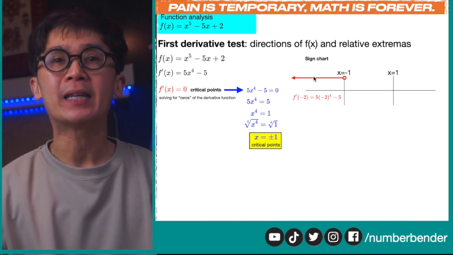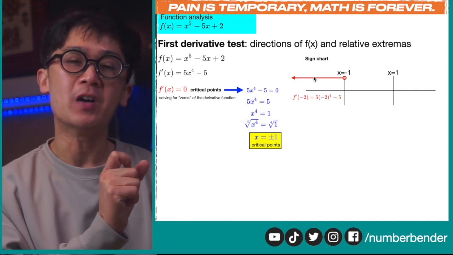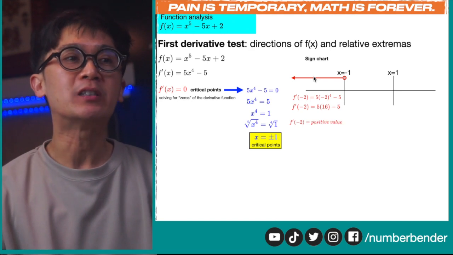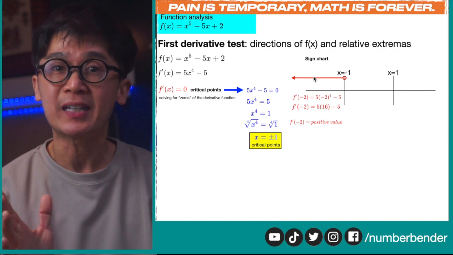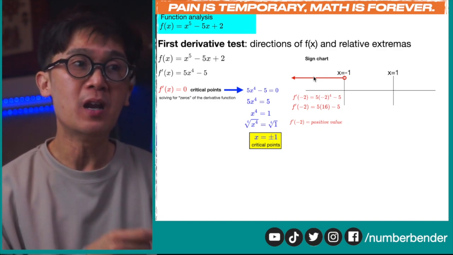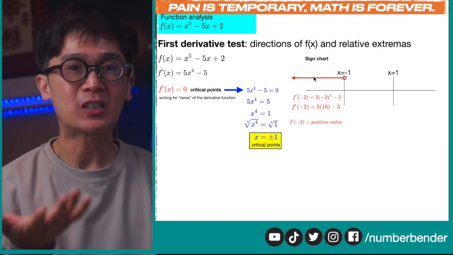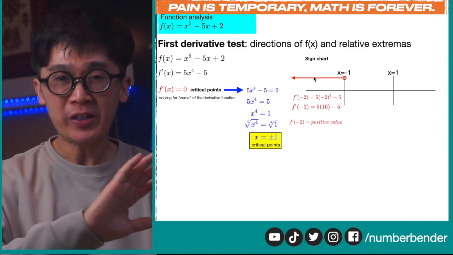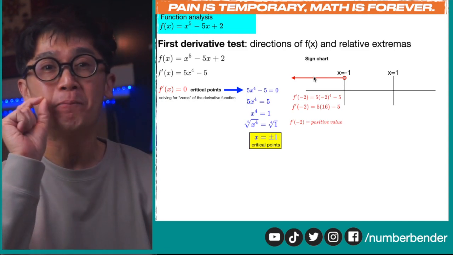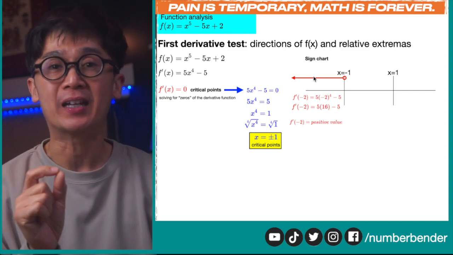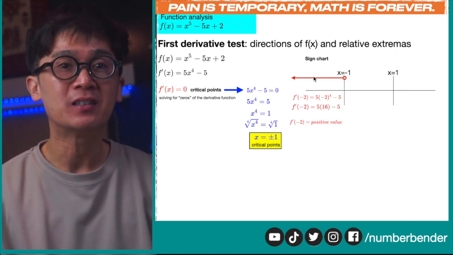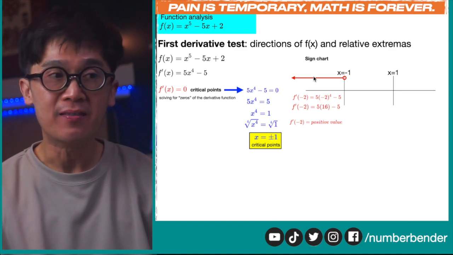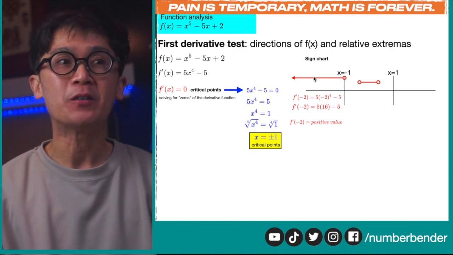And mapapansin natin, pag pinlagin natin yan sa derivative function natin, it will turn into a positive number because we know that 5 times 16 is a positive number minus 5. So your answer will still be positive and you're not concerned about that particular value of your f prime of negative 2, you're only concerned about the signs of your answer. In this case, it's a positive value.